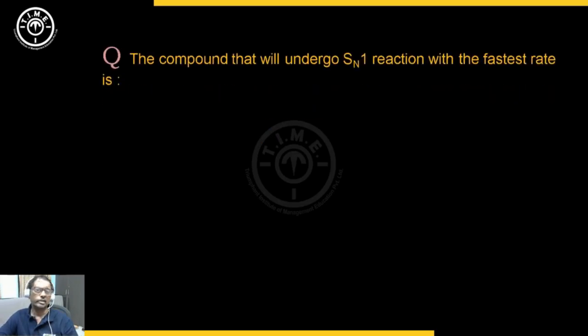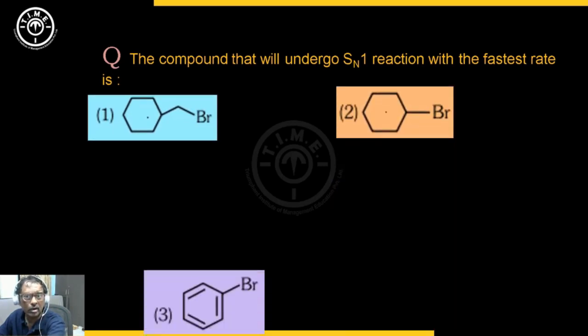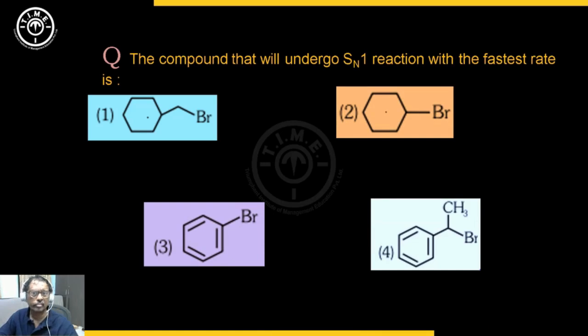Next question. The compound that will undergo SN1 reaction with the fastest rate is the one whose carbocation is the most stable. Is it this or this or this or this? If I remove this Br minus, I am going to get a primary carbocation, not very stable. If I remove this, I am going to get a secondary carbocation, which is not so stable, right?